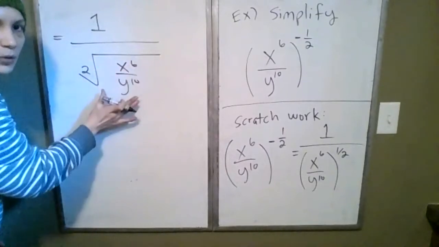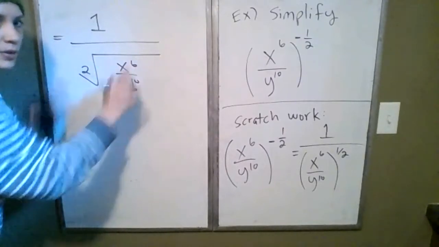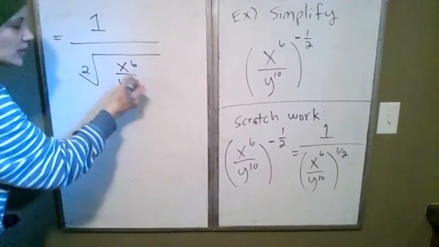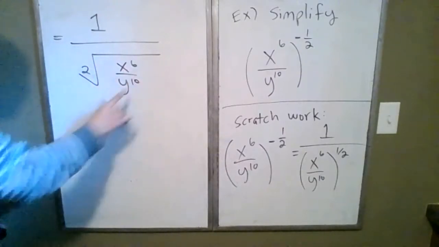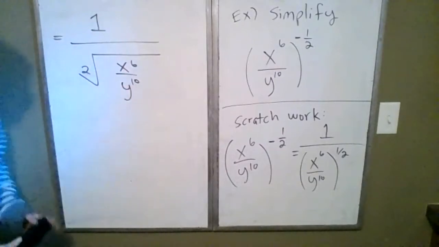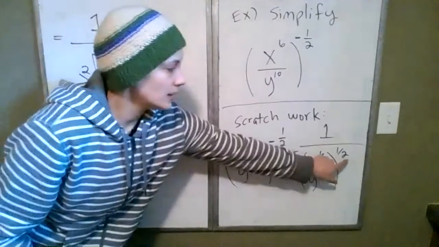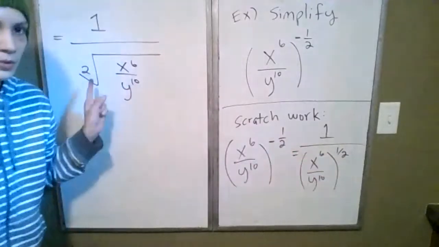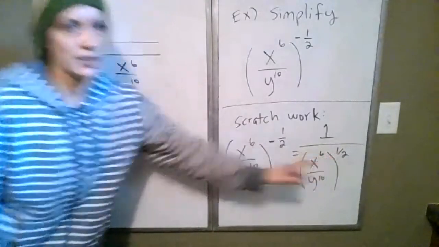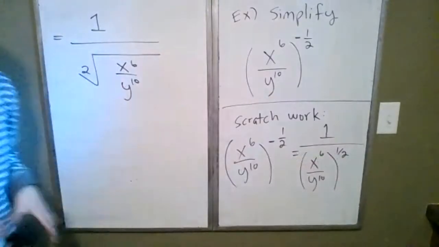You could put power 1 on the outside, but it's still the same number. Putting the denominator as your root and the numerator as your power doesn't change the value, so we don't need to write it down.